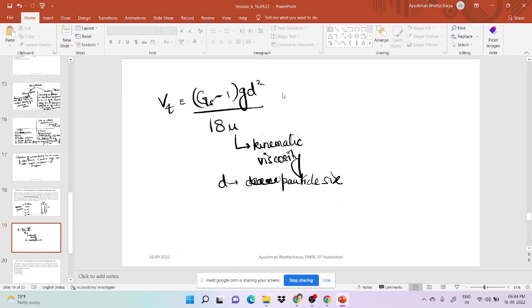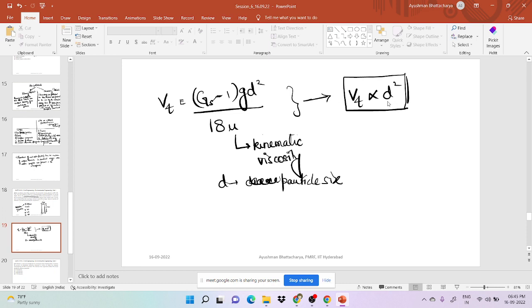Now for different particles of the same density, a particle with higher diameter will settle down faster, because in this expression Vt is directly proportional to d square. So based on this expression, settling velocity is directly proportional to the square of the diameter of the particle.